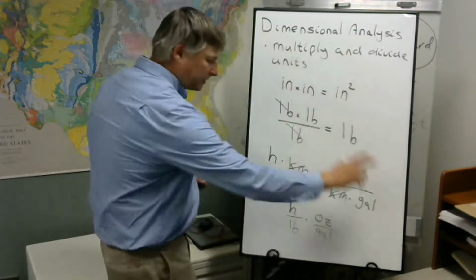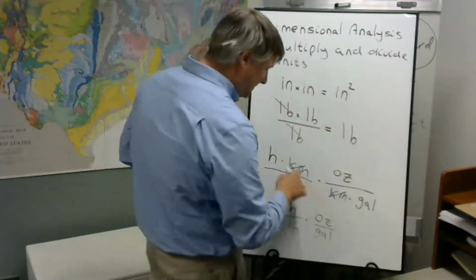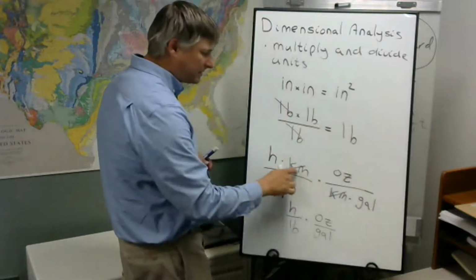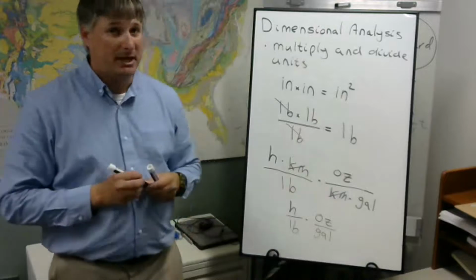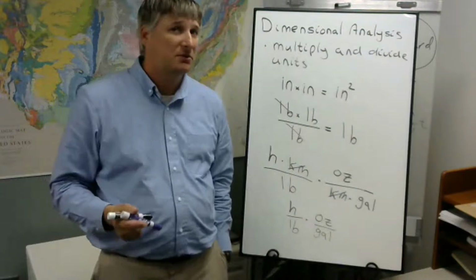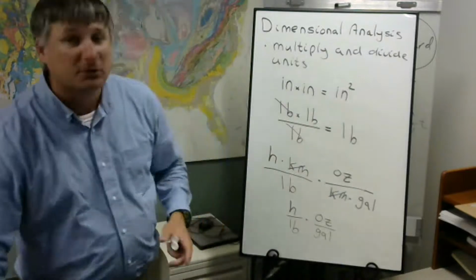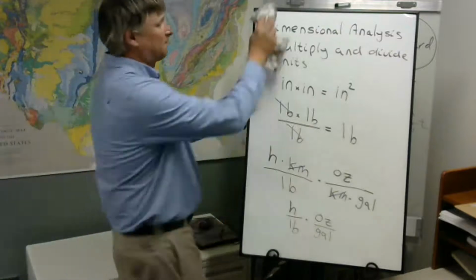And then we multiply across like we usually multiply fractions. But this is the key thing. When you see this repeated top and bottom, that means we cancel. This is going to be key for our dimensional analysis. It's going to be key for our conversions. So this is how it works with conversions.